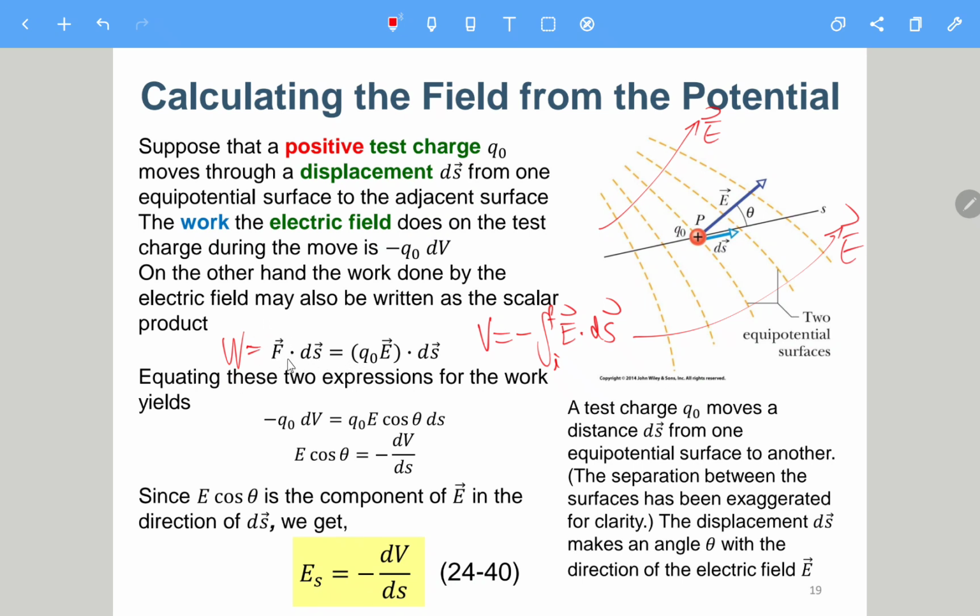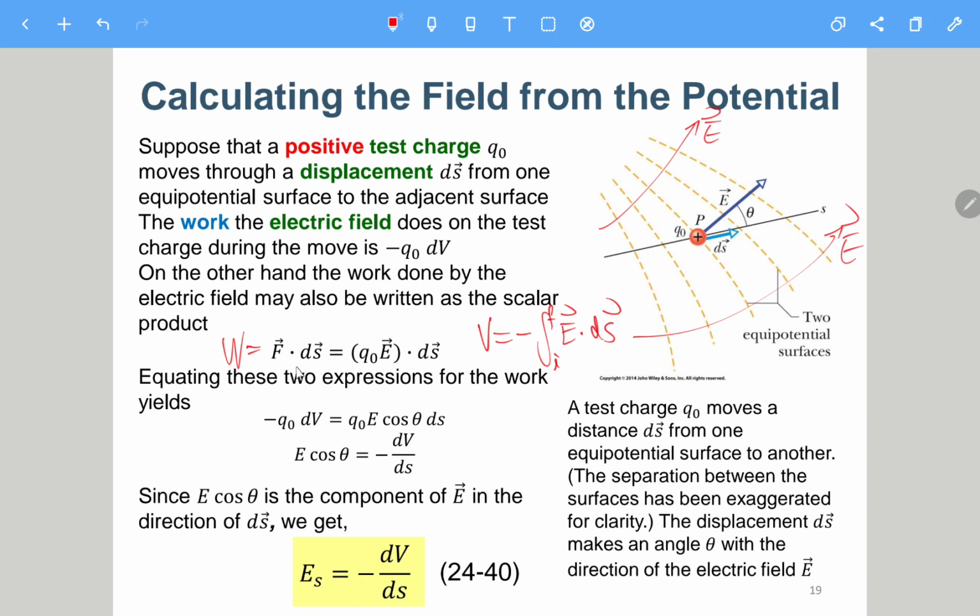And then this F will be Q0 times E, where Q0 is the test charge multiplied by the E field at that point. Here we also assume that the path might not be a straight line, so we cut it into small pieces. Every small piece we can regard as a straight segment.